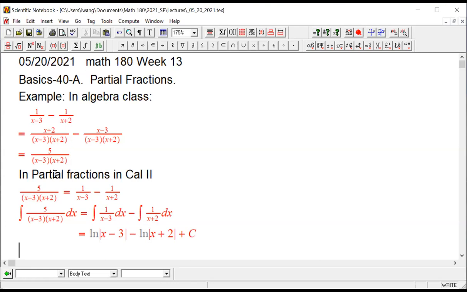Okay, continue. 41 ABC are about finding compositional functions, adding, subtracting, multiplying, dividing. Not very strange to you. Finding inverse. Let's spend a little bit of time on 42A, finding the inverse.